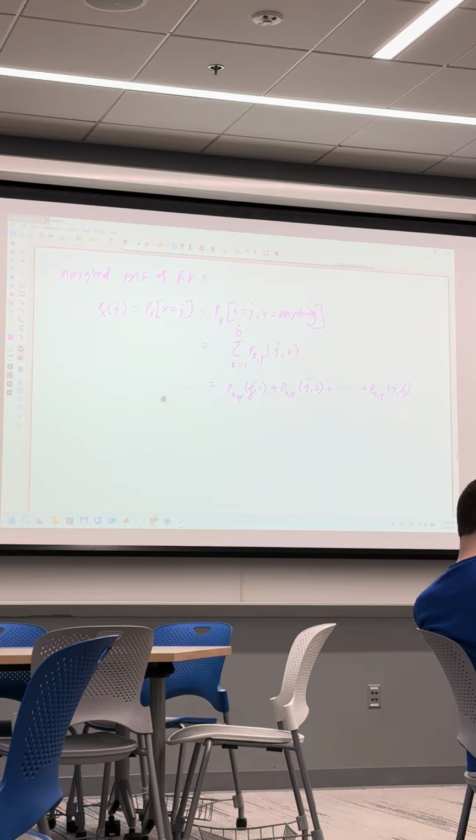So now when you write the marginal PMF, you write it like that, because you will have to cover all j's here. So marginal PMF of random variable x taking value j equals, I'm just going to write one more line here.